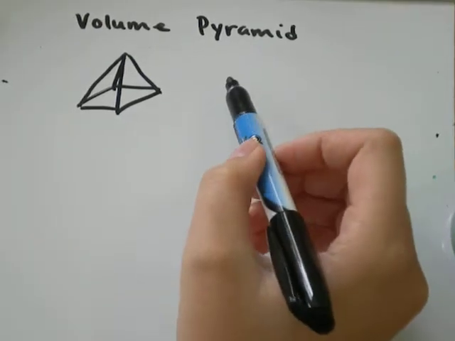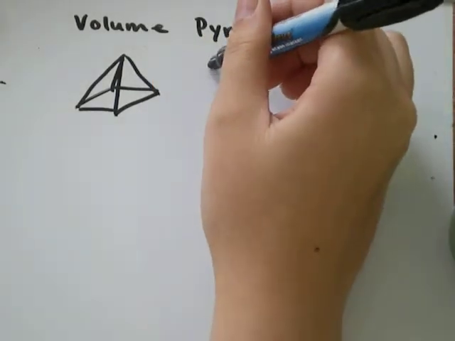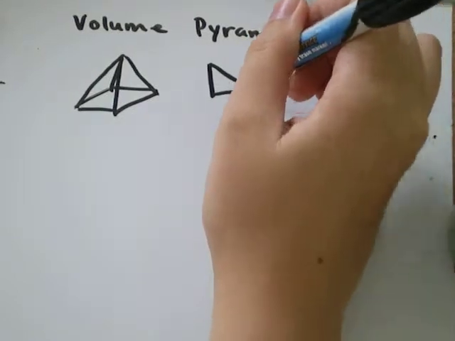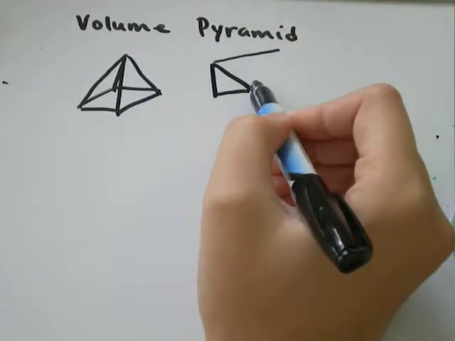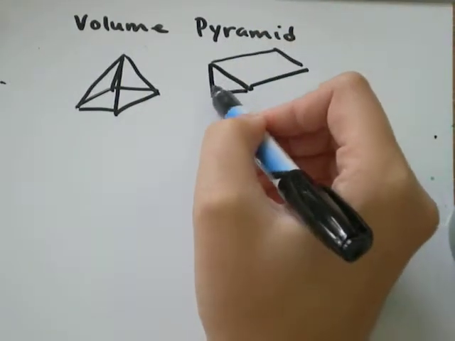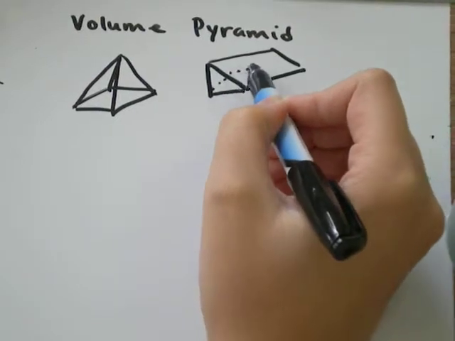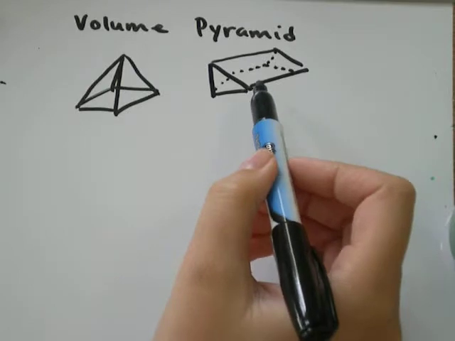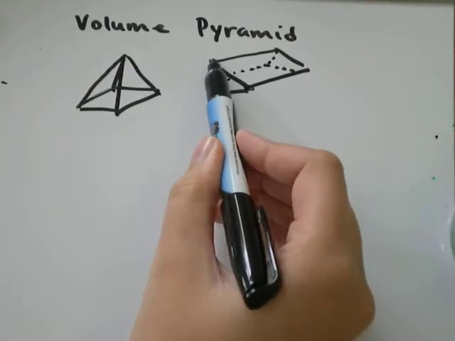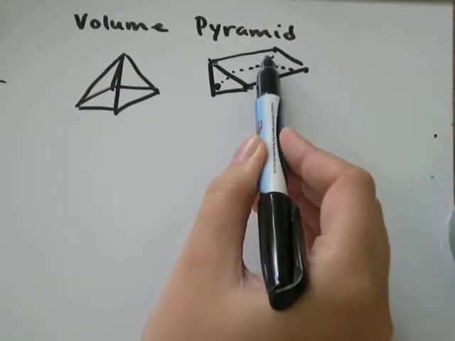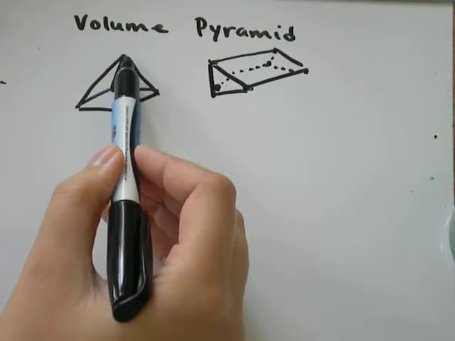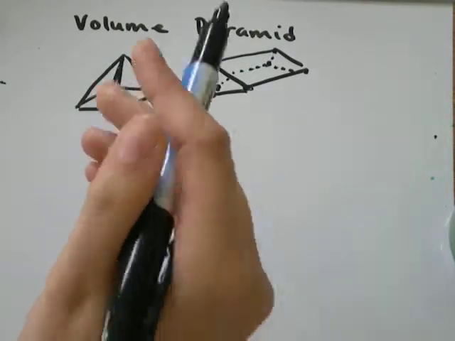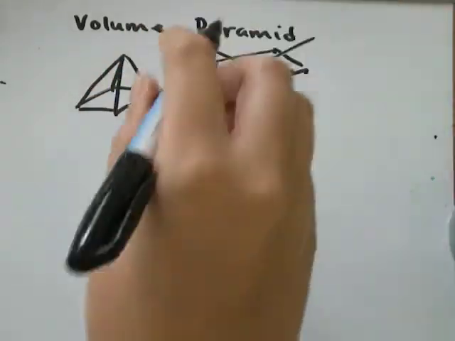It's different than a triangular prism, which has lots of points. They don't all come together at one like they do in the pyramid. So we're not doing that one.